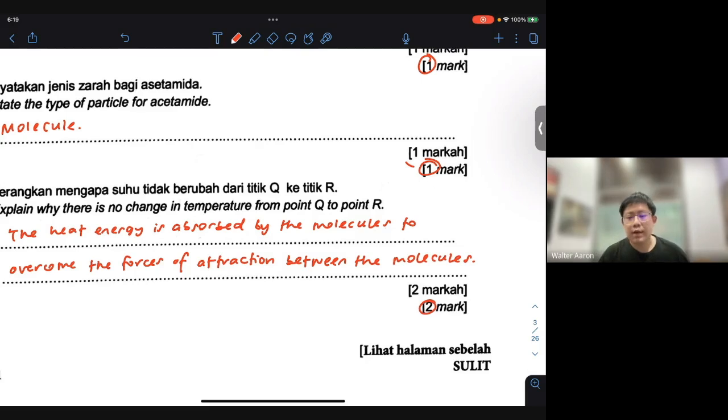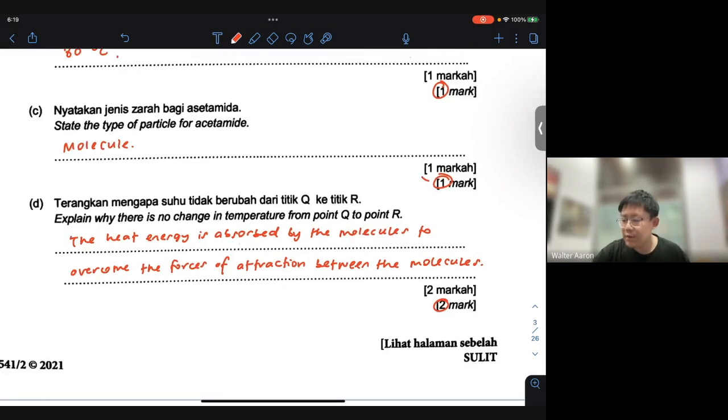You should be able to get 2 marks in total. The first mark comes from explaining that the heat energy is absorbed. And then the next part is to explain why they absorb the heat: to overcome the force of attraction. So having these 2 key terms, you'll be able to get a total of 2 marks already.